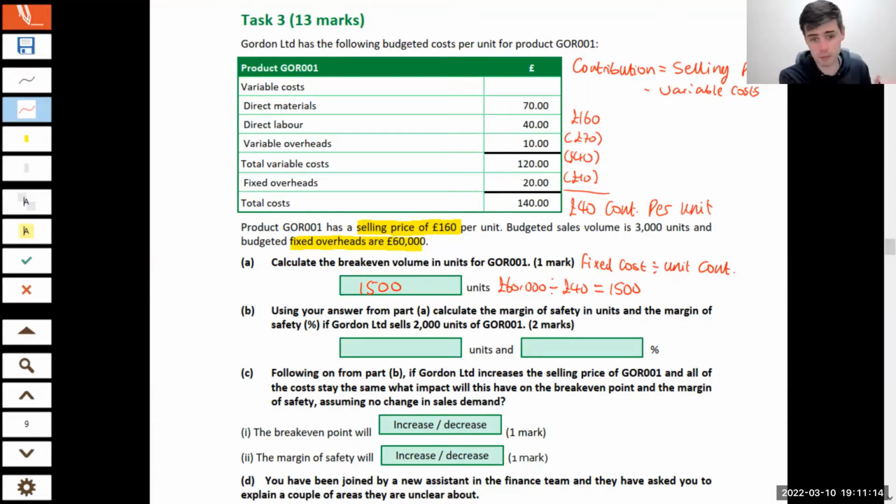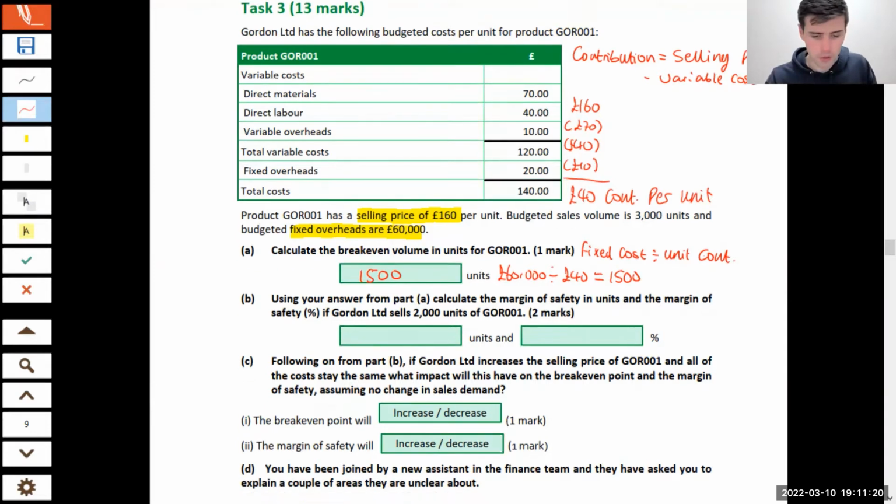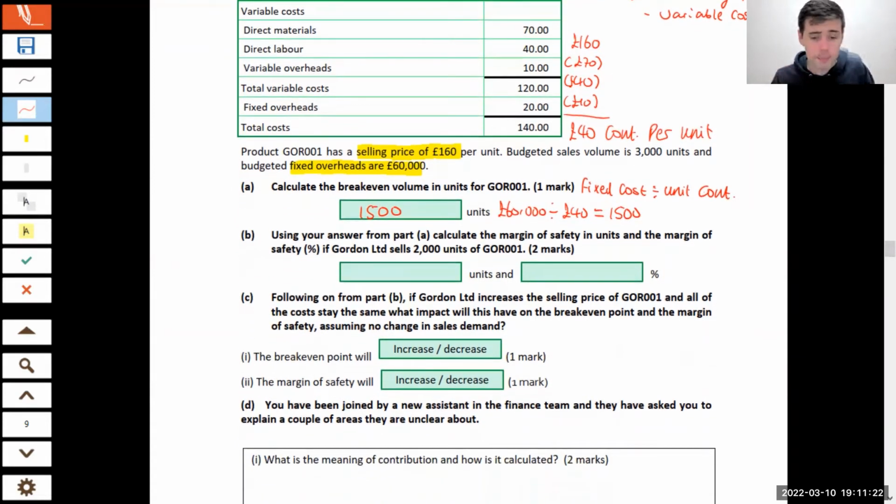The break-even point in units that we've just established does come up more and more, okay? So it's saying in part B, let's use the answer above to calculate our margin of safety in units and as a percentage if we sell 2,000 units of GOR 001.